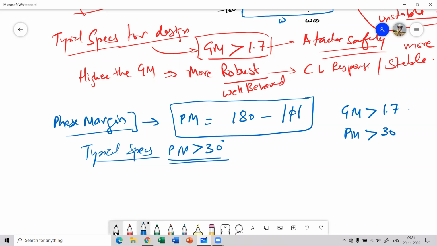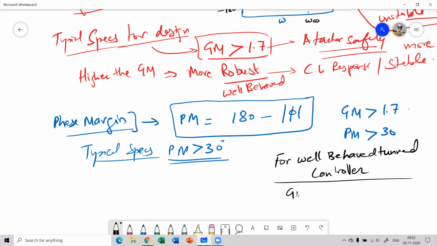For a very well-behaved tuned controller, the gain margin can have a value between 1.7 to 4, and the phase margin can have a value between 30 degrees to 45 degrees.